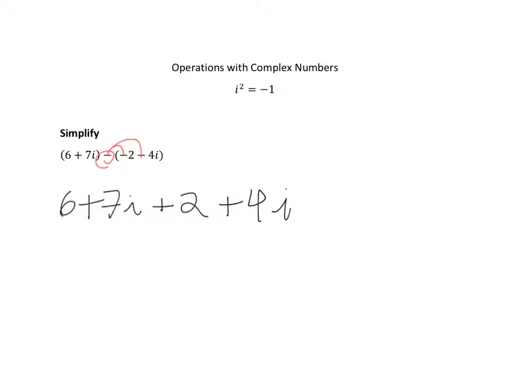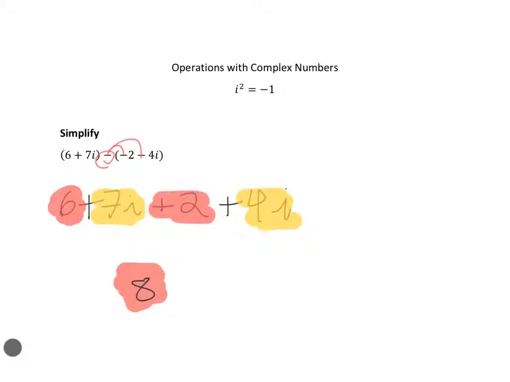We talk about our common terms, the terms that can actually combine, and hopefully we notice that the 6 and the 2 will combine, and 6 plus 2 is 8. Then the i terms can combine, so that's a positive 7i and a positive 4i, and 7i plus 4i is going to be plus 11i. There's nothing else to add, nothing else to multiply, nothing to subtract, nothing to combine. So we are finished. We have simplified the problem.